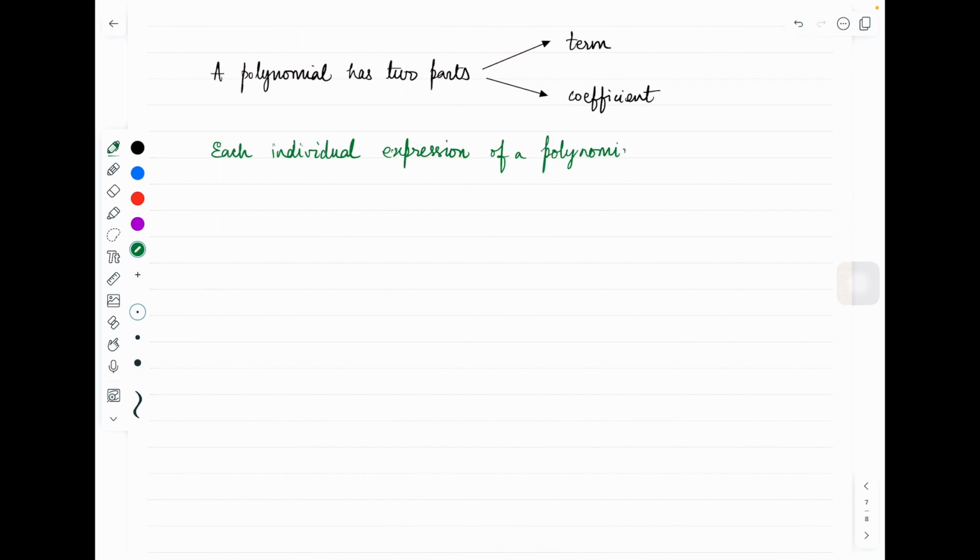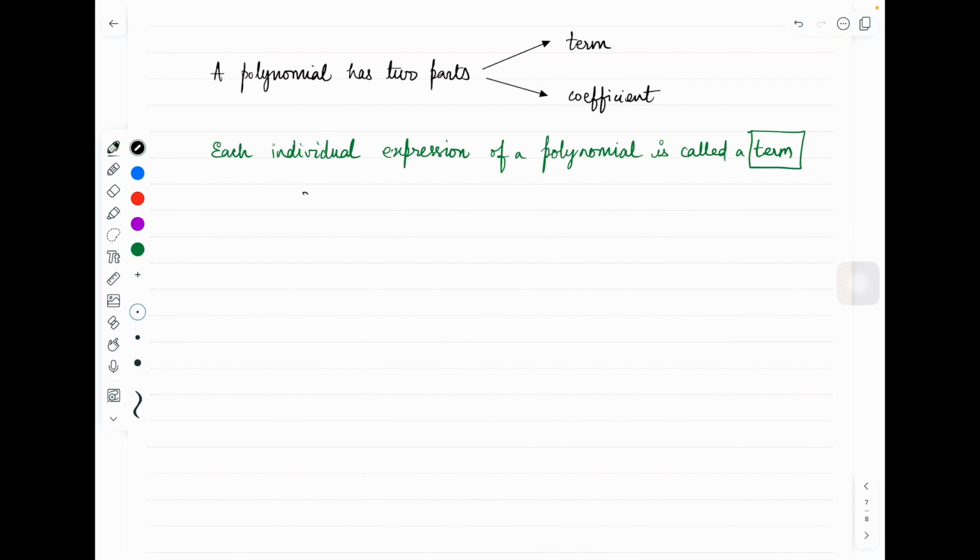Each individual algebraic expression of a polynomial is called a term.